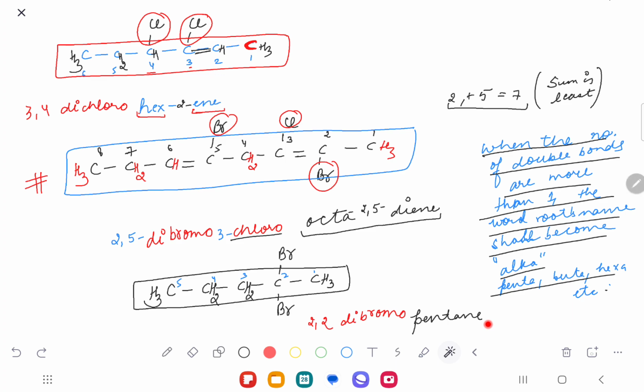On similar lines, you have this structure. Let's suppose you have bromo, chloro. Could you name the structure? So how many carbons do you think? The first thing in naming is: it should be 1, 2, 3, 4, 5, 6.